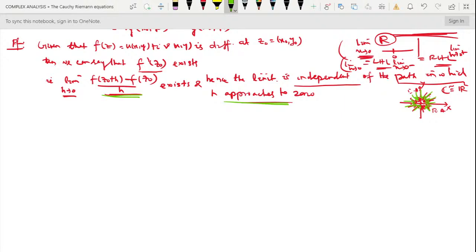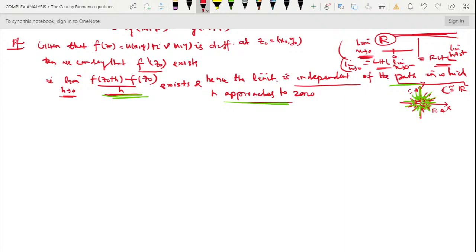If you go in this way, it gives you the same value, and if you go in this way, it gives you the same value. It means this is independent of path. Which path you choose doesn't matter, but the limit is finite. Okay, so now next what we will do.